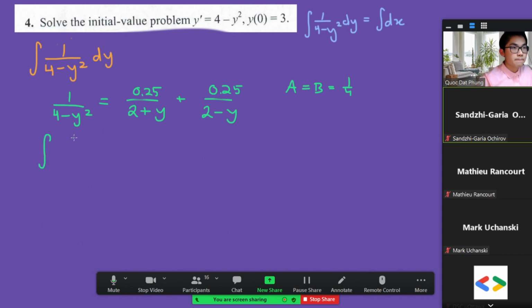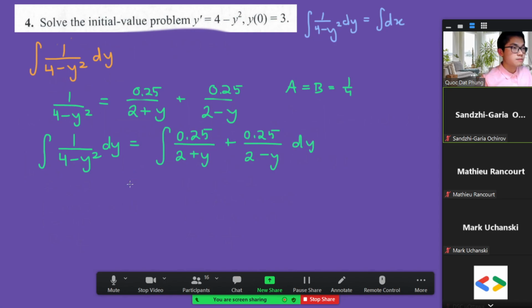So we're going to get, we can split it apart. And then since 0.25 is just a constant, we can move it outside.